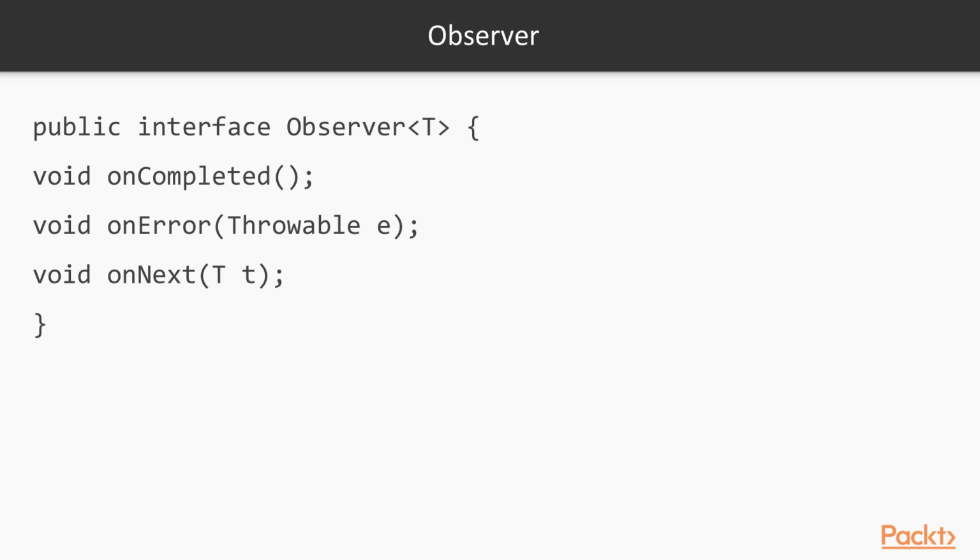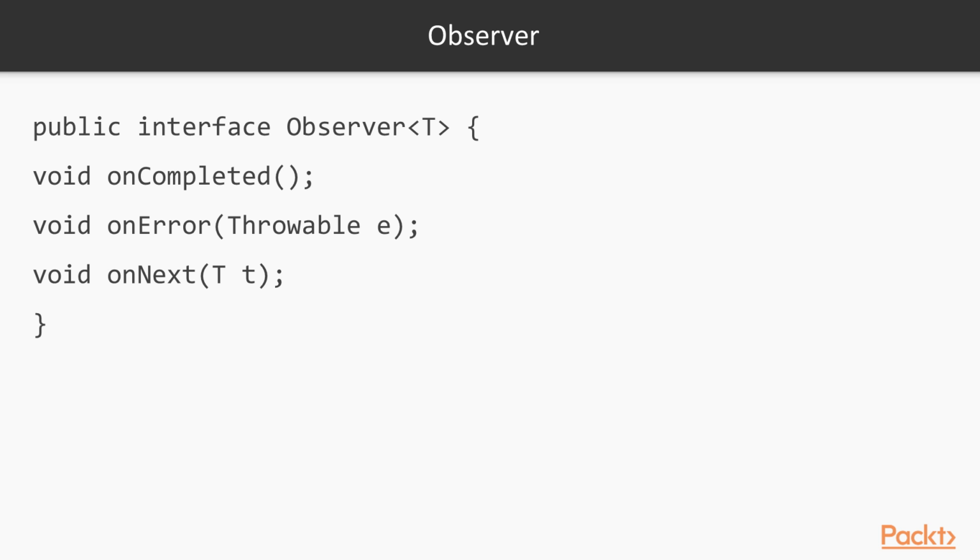This method takes as a parameter the item emitted by the observable. onError: an observable calls this method to indicate that it has failed to generate the expected data or has encountered some other error. It will not make further calls to onNext or onCompleted. The onError method takes as a parameter an indication of what caused the error.